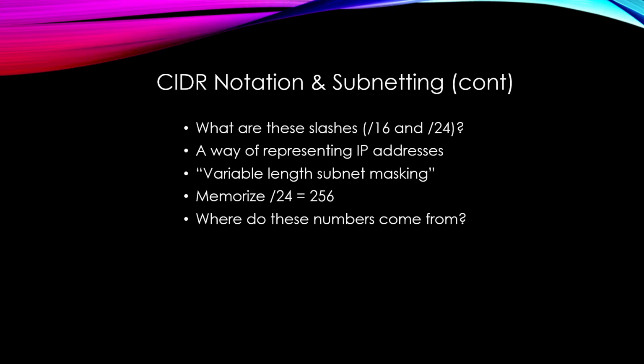The technical name for it is variable length subnet masking. And if you're going to remember anything for AWS, the best thing to do is to just memorize the fact that /24 equals 256. Okay, and that's a good starting point, and you'll see why here in a minute. It's one of the most commonly used numbers, /24.